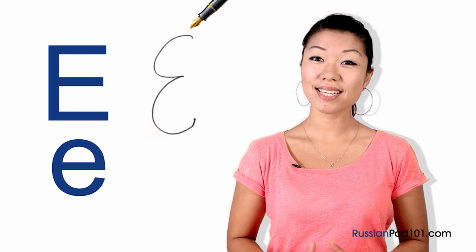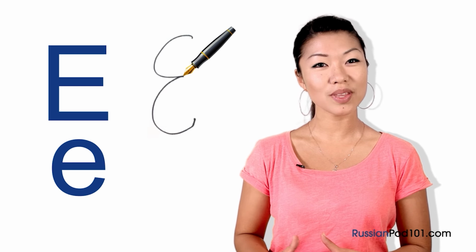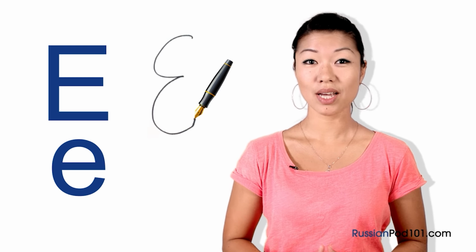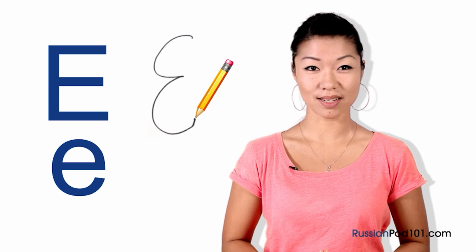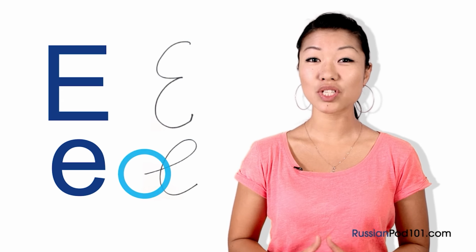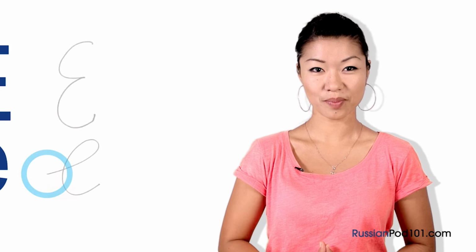Now let's take a look at how to write it in cursive. The cursive version of uppercase Y looks like this. It's nearly identical to the English cursive and easy to write. Y is a single stroke, so you can continue with the next letter after the uppercase without lifting your pen or pencil. Now let's take a look at the lowercase handwritten Y. Again, it's similar to the English cursive, but in Russian, their starting point isn't from the bottom.